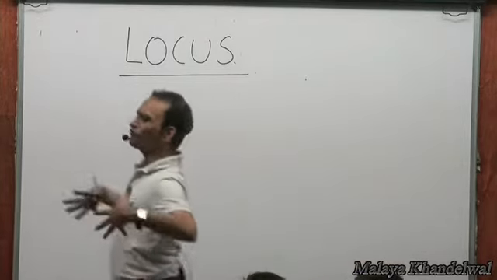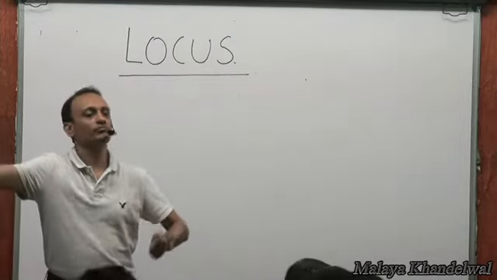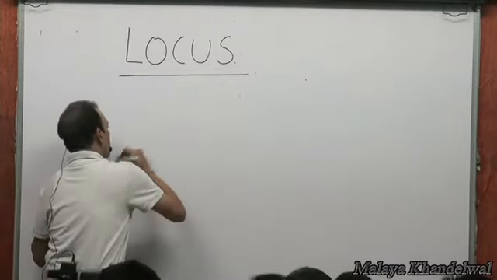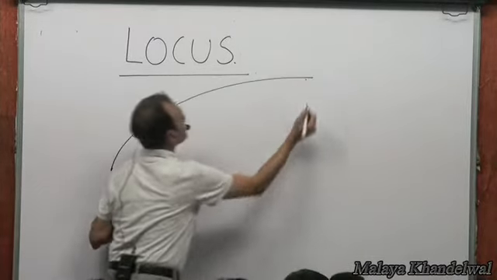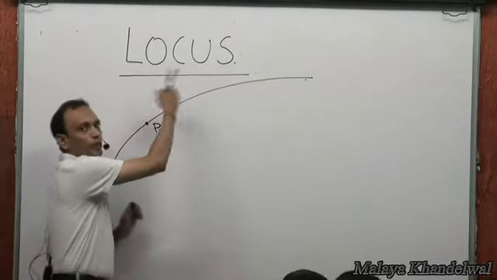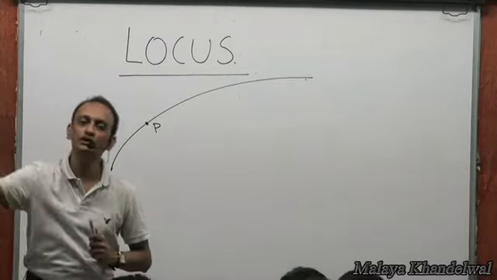So, when we are talking of locus, we are embarking on a moving point. We are talking of a moving point, right? And the moving point has a certain trajectory. P is a moving point. It pursues a certain path.